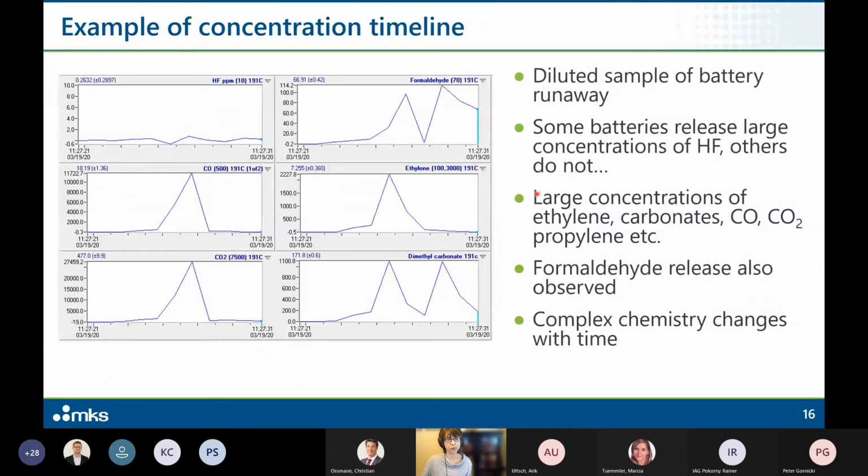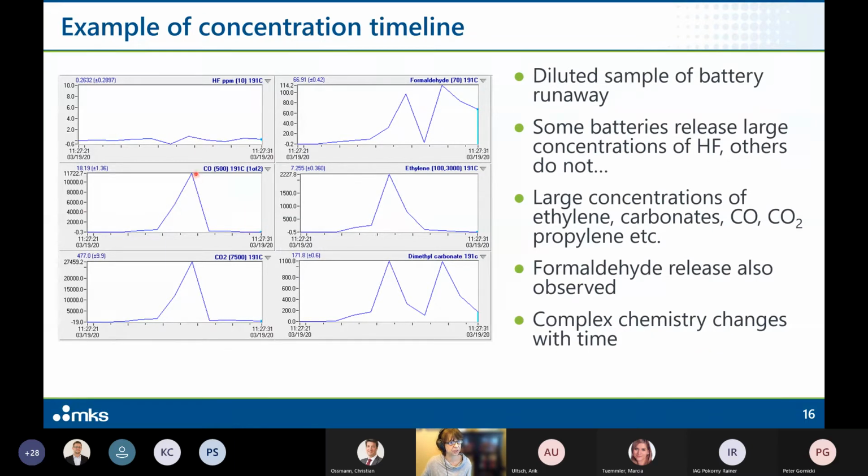Unfortunately, we could not show so much data because a lot of it is proprietary. But here, this is what we have seen for a few data points that we were able to get from customers, where you could see there's some significant formaldehyde release. HF was luckily all on the very low side.